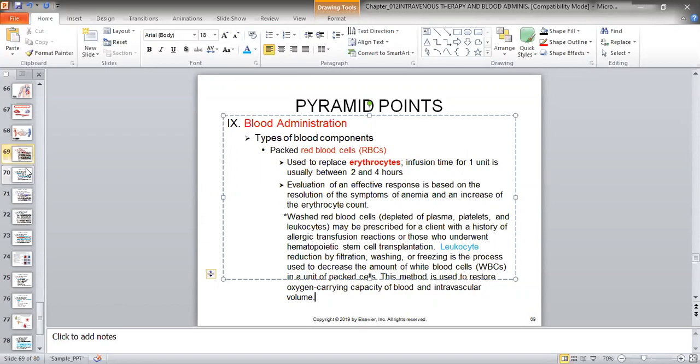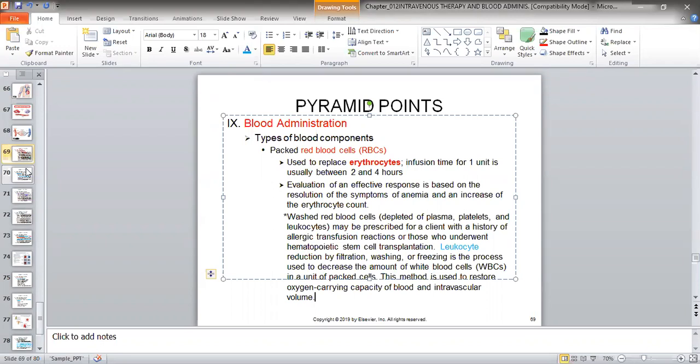Two points here. Sometimes NCLEX would ask, how long after blood is removed from the blood bank refrigerator do you have to start it? Within 30 minutes.